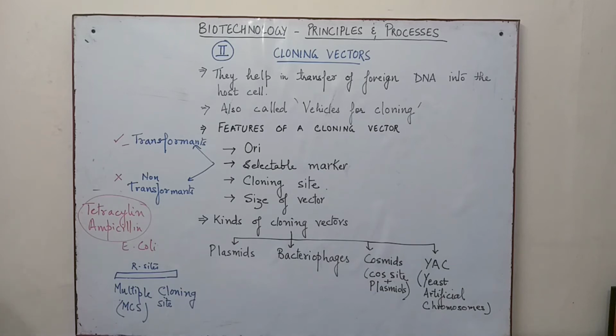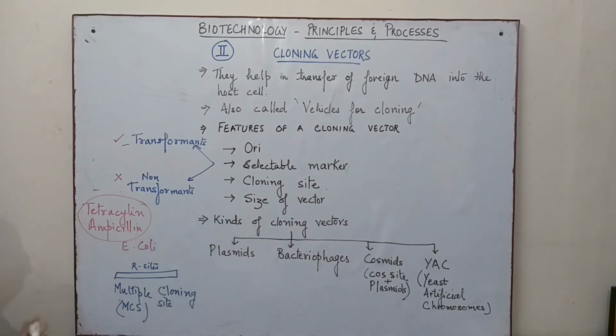The main disadvantage is that more than one restriction enzyme within this vector will produce more DNA fragments, and as a result the process of gene cloning gets complicated because many fragments will be produced. So that is about the multiple cloning site.